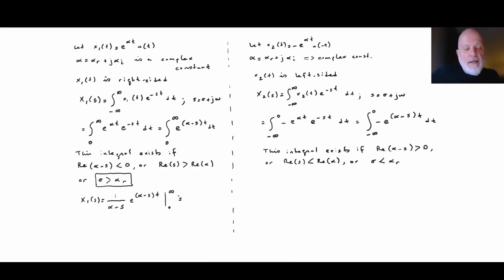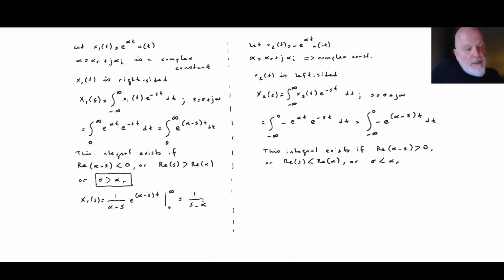Now here we know that when t tends to infinity, since the real part of alpha minus s is negative, or we choose sigma such that sigma is greater than alpha r, and this condition is satisfied, we will have 0. So when t is equal to 0, we have 1 over alpha minus s, but with a minus sign, so we have 1 over s minus alpha. Okay?